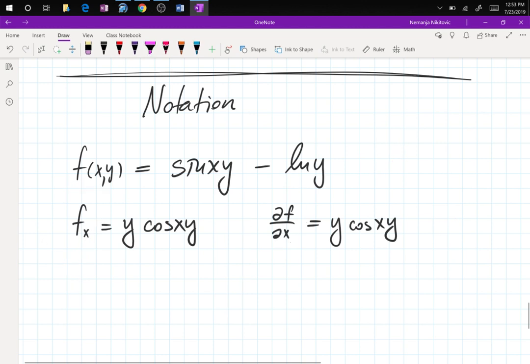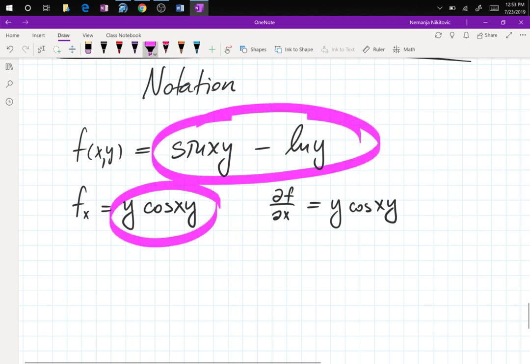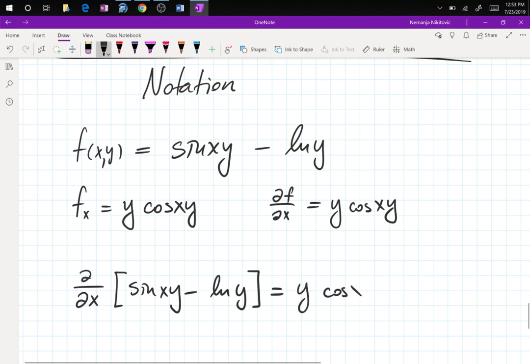But Leibniz notation, just like in Calc 1, can be used to put this and this in the same line. So let's do that. If you use the partial derivative with respect to x of, and you put sine xy minus ln y inside the brackets, then you can just write its derivative in line.